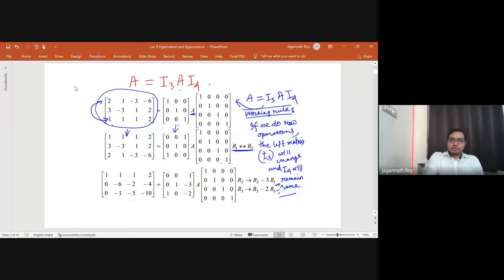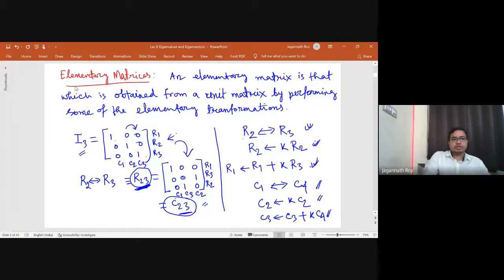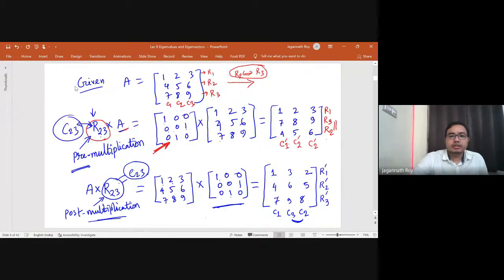And for row operations, so that was working procedure. Actual reason is actually this one. So if you are doing this pre-multiplication by some elementary matrix, okay, and post-multiplication by another elementary matrix, then these rows are only changing for pre-multiplication.